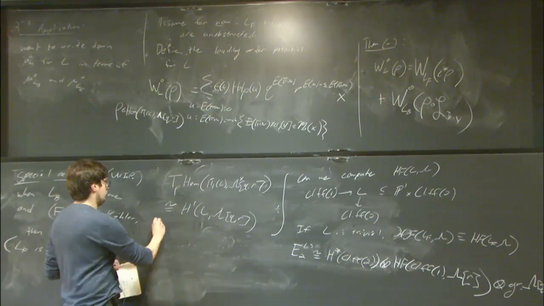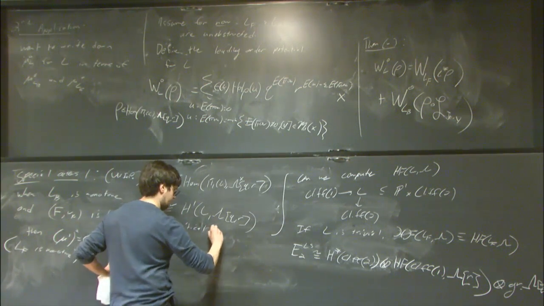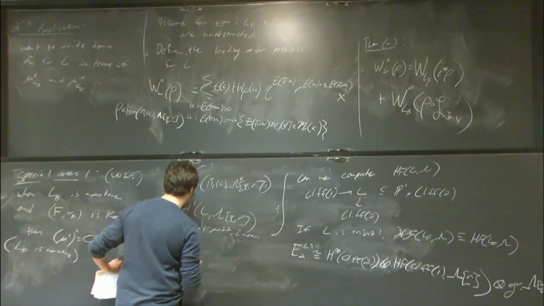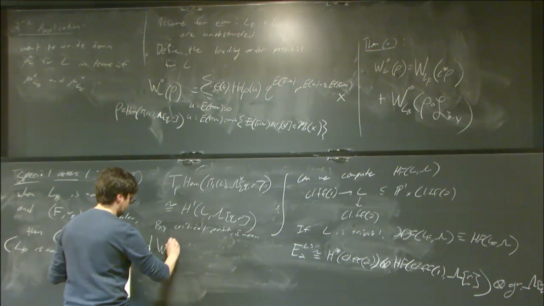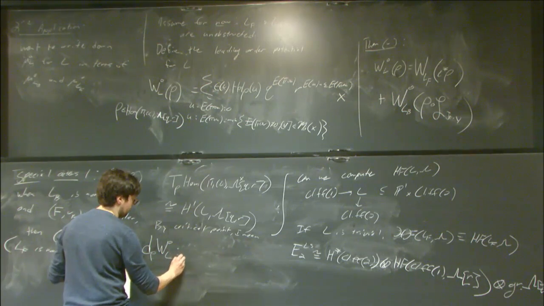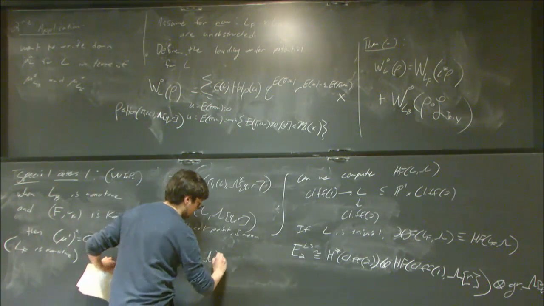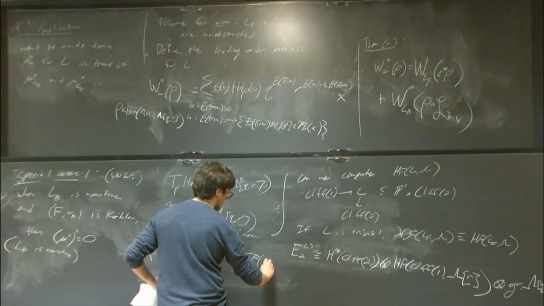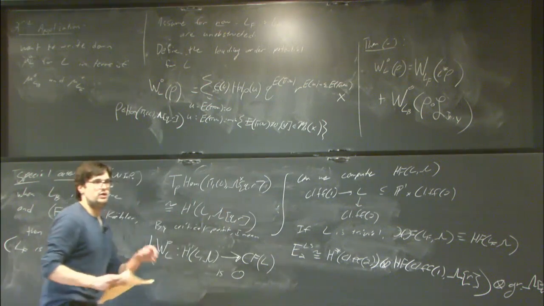And then by critical point, I mean the derivative of W0L at rho as a map from H^1(L, Λ) into, we'll just say the chain complex for now, is 0. That's what I mean by that.